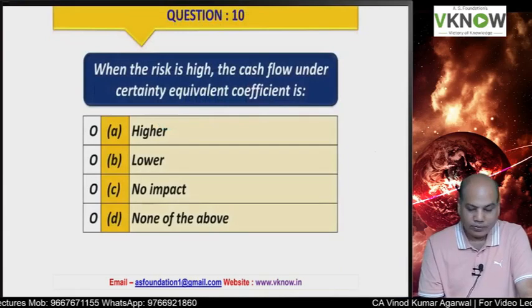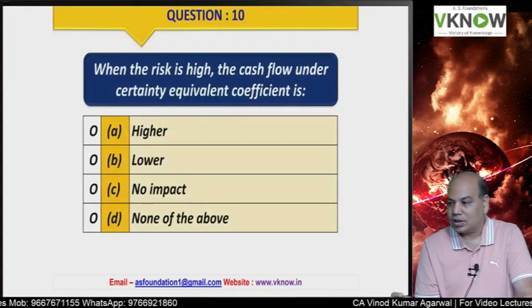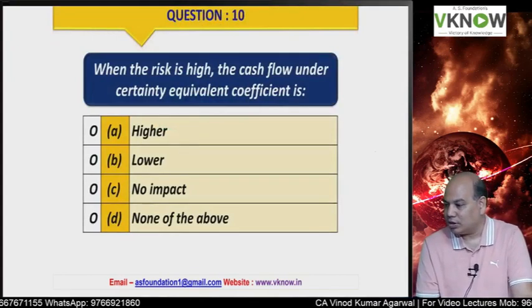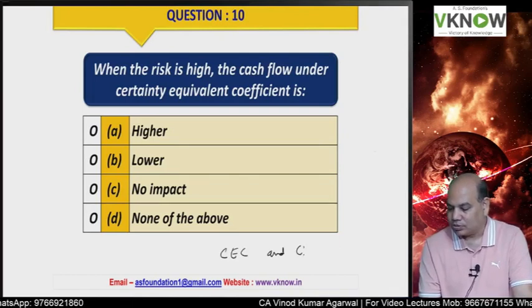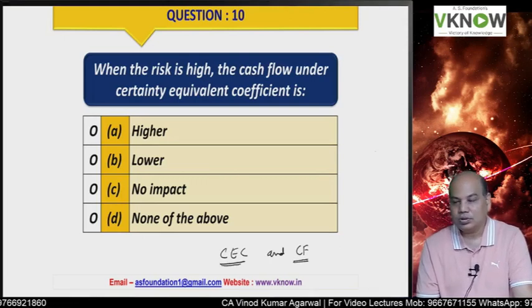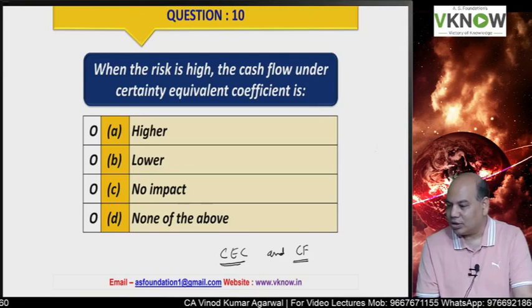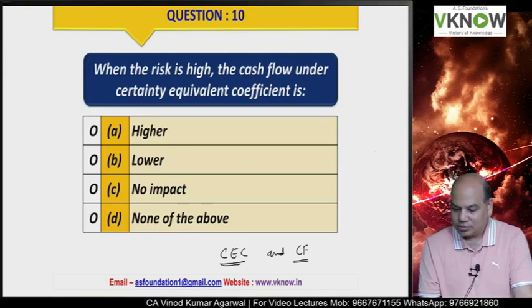Question number 10. When the risk is high, the cash flow under certainty equivalent coefficient will be, CEC and cash flow, tell me, are directly related or inversely related? They are inversely related.